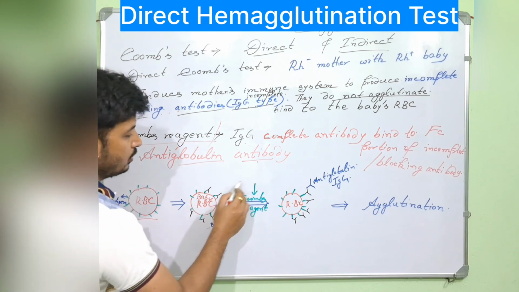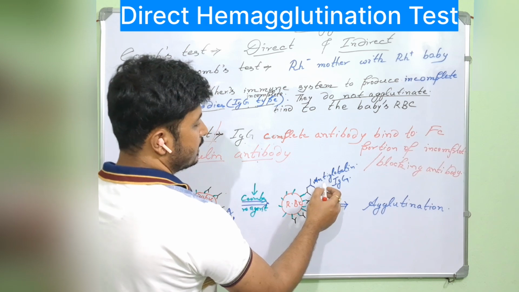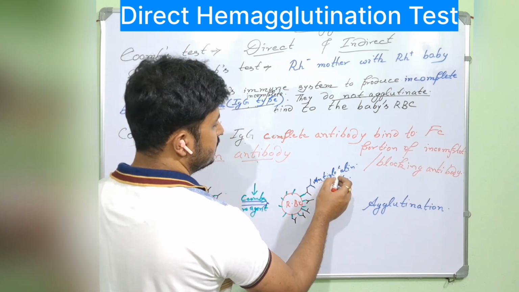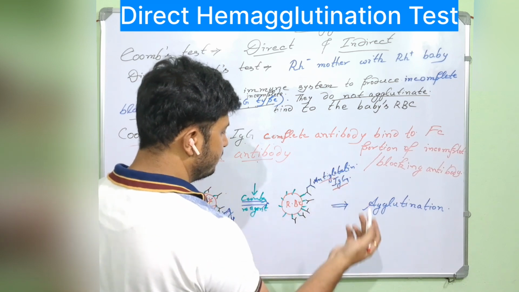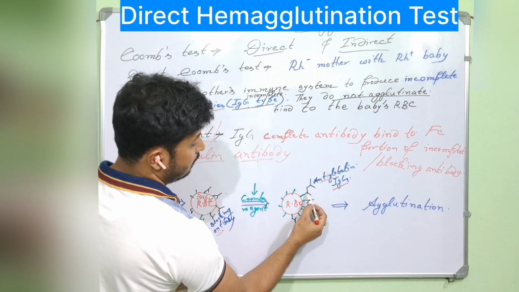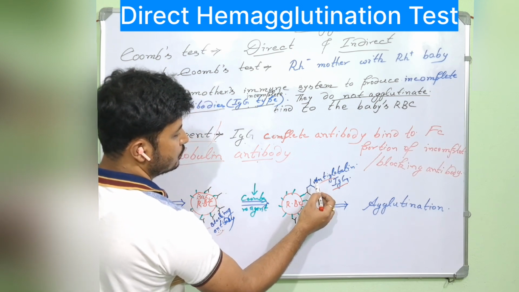Okay, now when you add Coombs reagent, what will happen? This antiglobulin or the Coombs reagent, the IgG or the antiglobulin, same thing, will bind to the Fc portion of the, as you can see, the black ones are the incomplete antibodies and the blue ones are the complete IgG antibody or Coombs reagent.